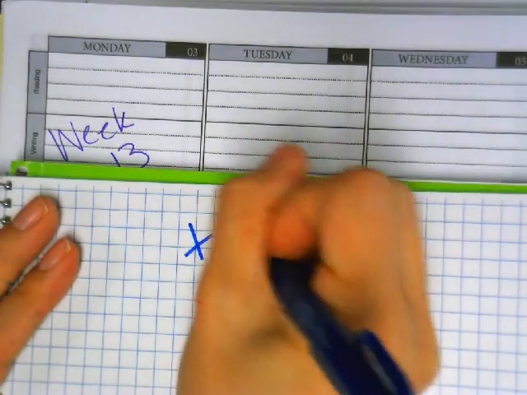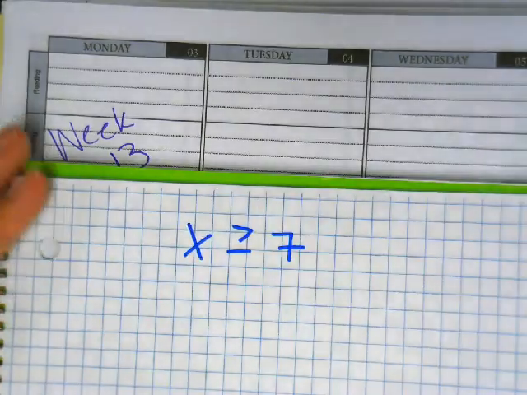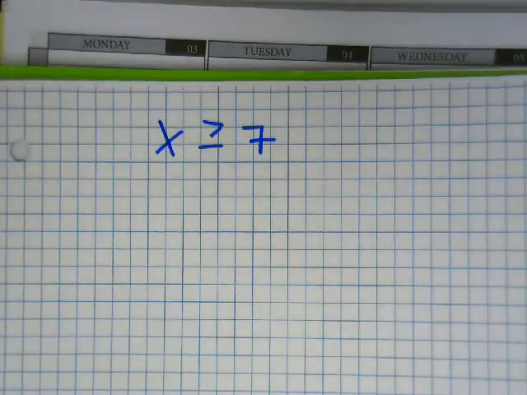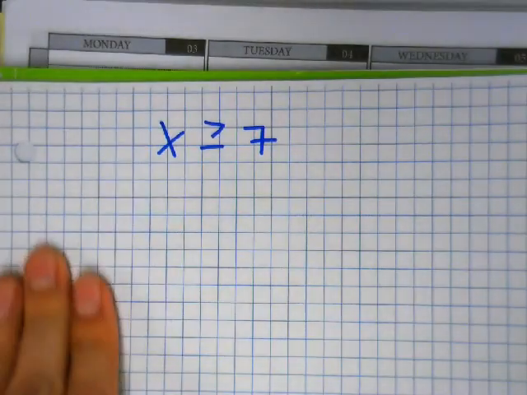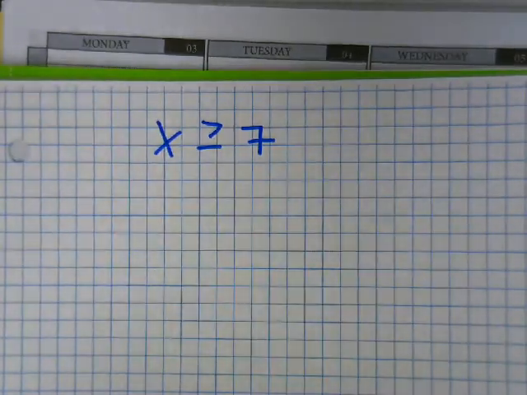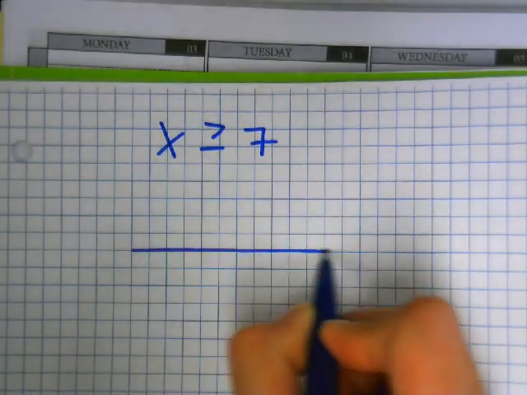X is greater than or equal to 7. Okay. What do we start with? Number line. 7 in the middle.